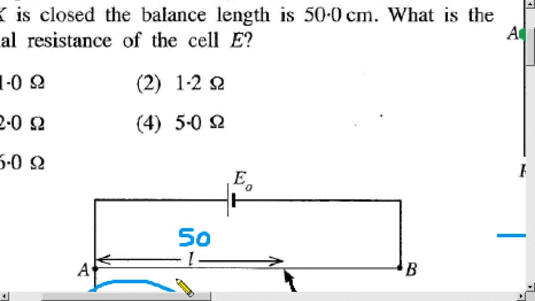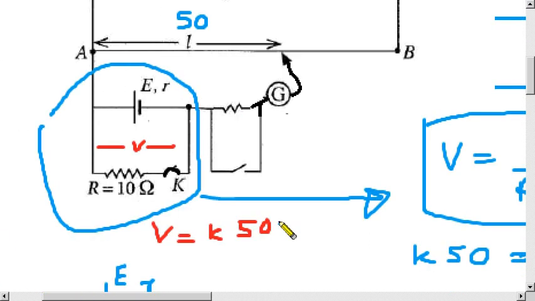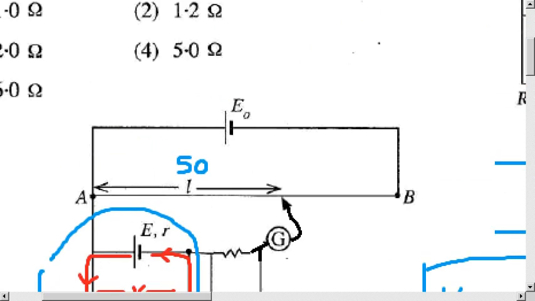The same way, when there is no current through the galvanometer in this second circuit, but there is a continuous current along this line, because the switch is closed, there is a current like this, and also there is this current still. This one also should have that switch, plug switch.